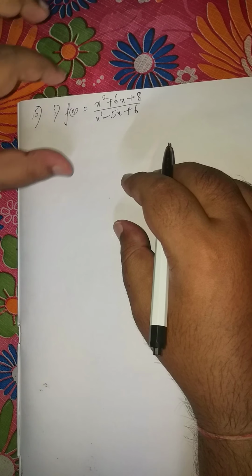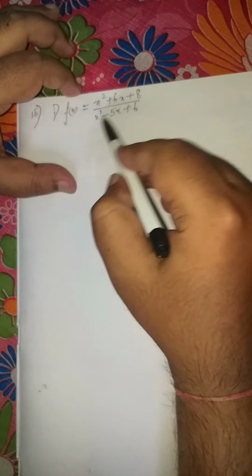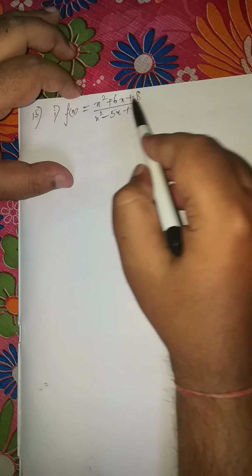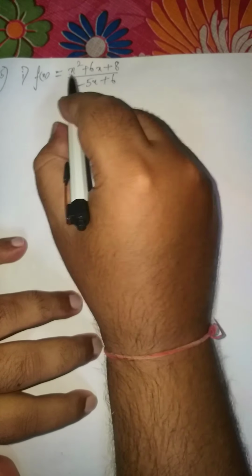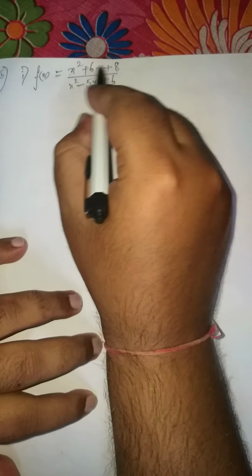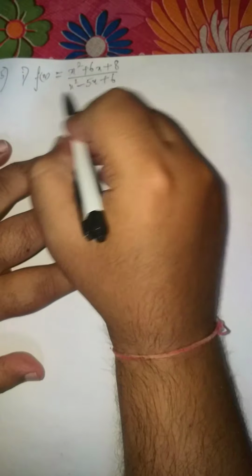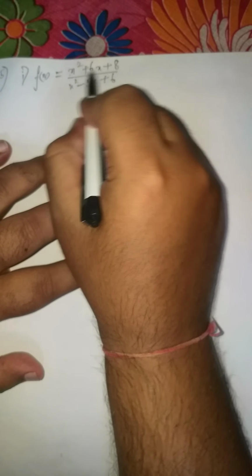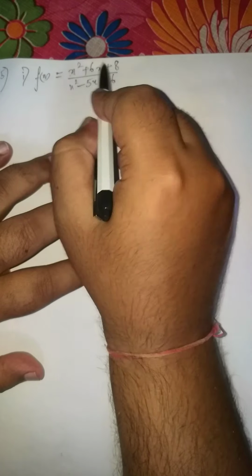See, the given function is in rational form, no? The numerator is a polynomial function, which will be continuous, as I told you earlier.